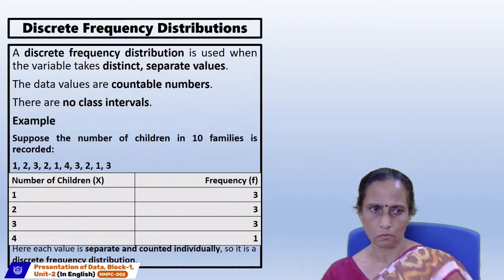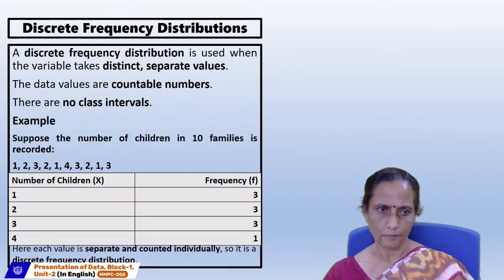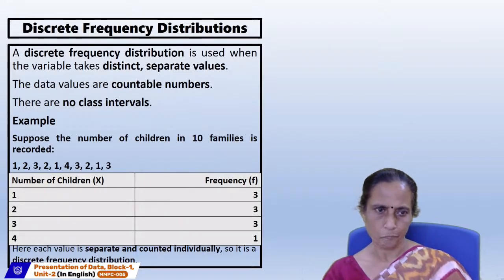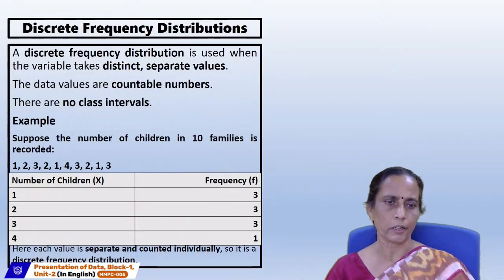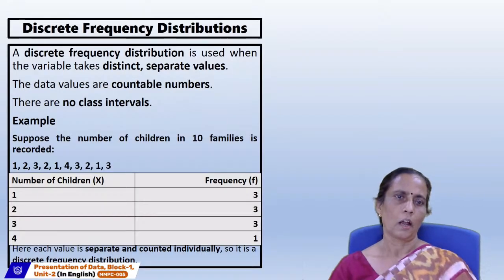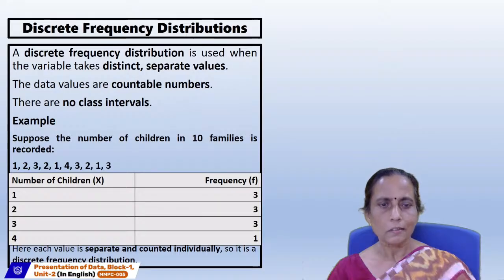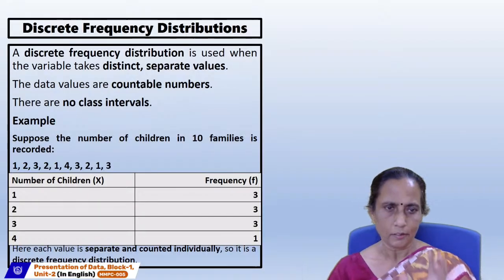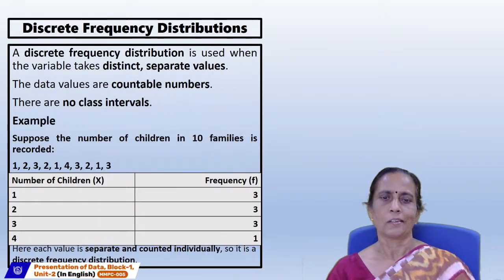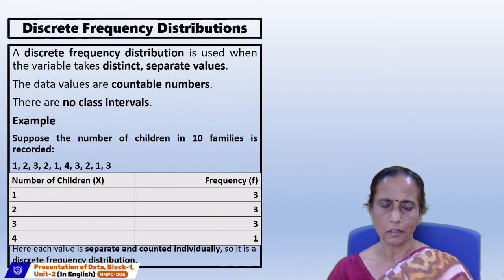1, 2, 3. Suppose you have 10 families in your locality, and in a gated community, you have 10 houses. And you are making a survey and just noting down the number of children in each and every family.